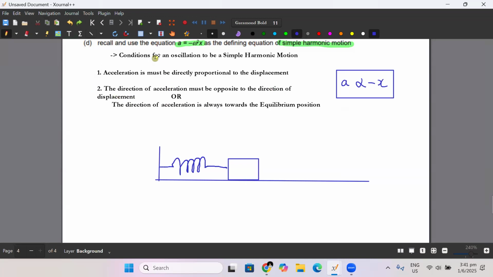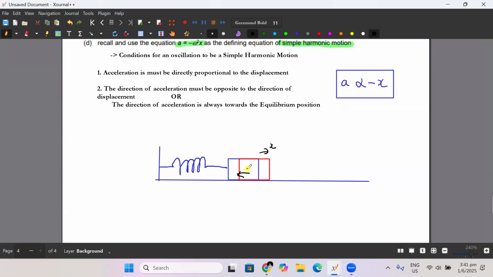So meaning if, let's say I displace the mass this way, so this is x, I know that the acceleration, once I drag it to the right, must be this way. Then I hope you can visualize, right? That means if I drag this particular box from here to the right, then the displacement is this way.